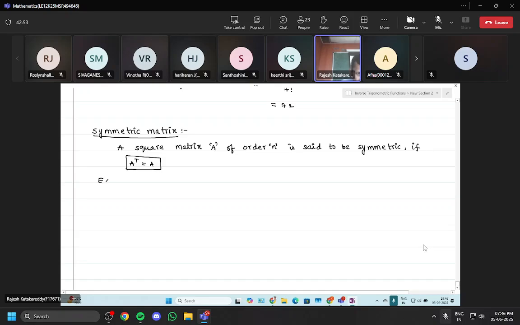Now some examples of symmetric matrices. Let us take an order 2 symmetric matrix initially. The matrix should be square, only then do we have symmetric or skew symmetric. Can you tell me why we impose this restriction?